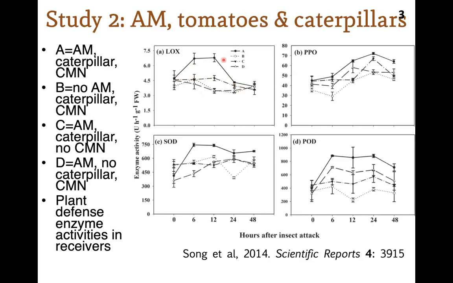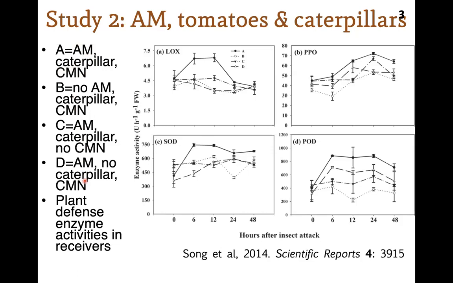And so A, B, C, and D is indicated here, and for your ease of reference, I've indicated what those mean here. And so A, for example, is where there was the arbuscular mycorrhizal fungus, where there was the caterpillar, and where there was a common mycorrhizal network allowed, and so on for B, C, and D.